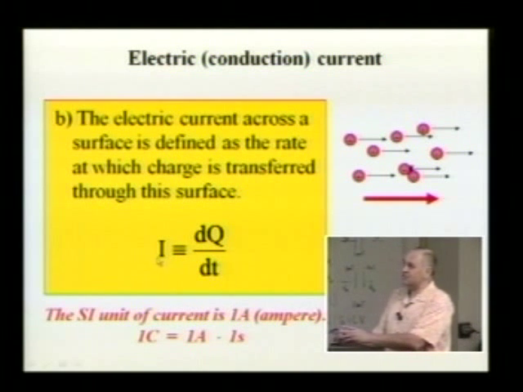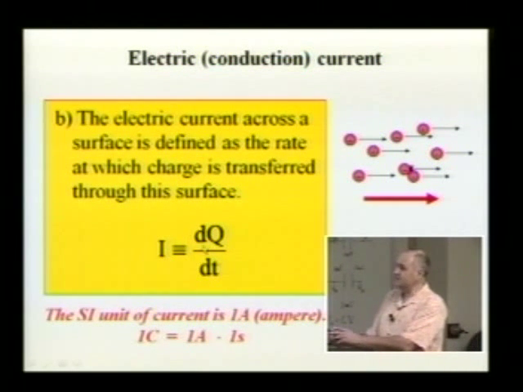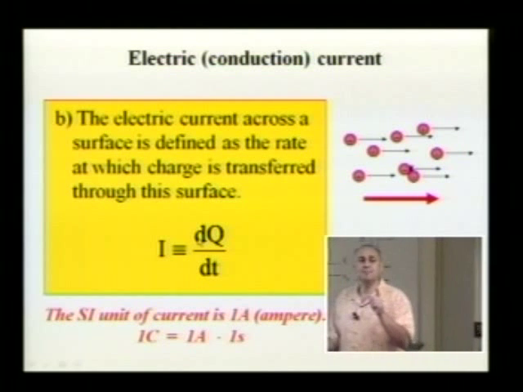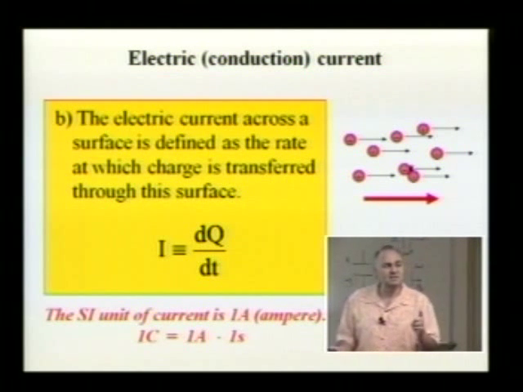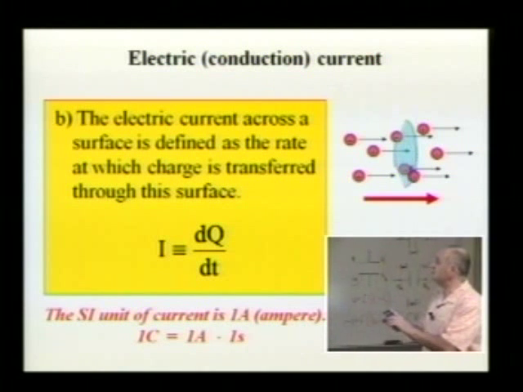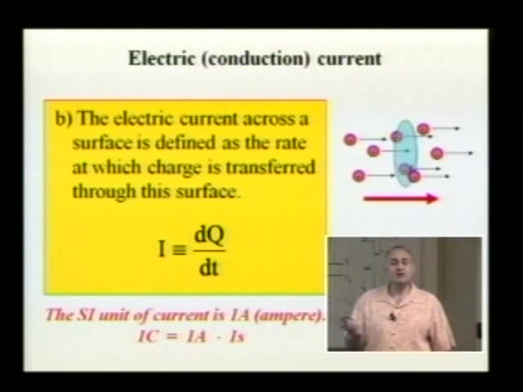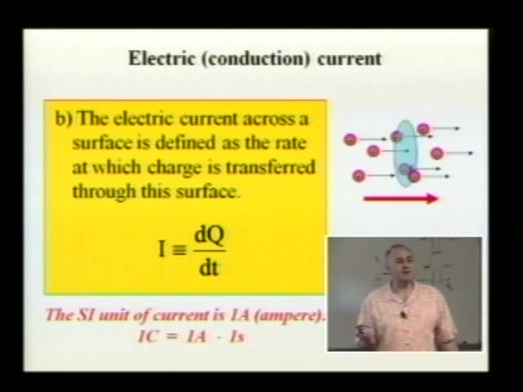So by definition, electric current is the rate at which charge is being transferred through a surface. Now, whenever we speak about electric current as a quantity, we have to associate it with a surface. We don't have just electric current flowing somewhere. It always has to be through a surface.